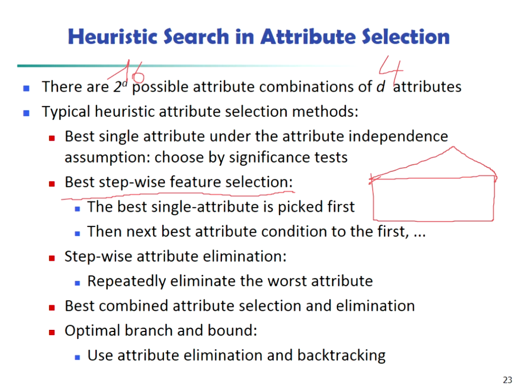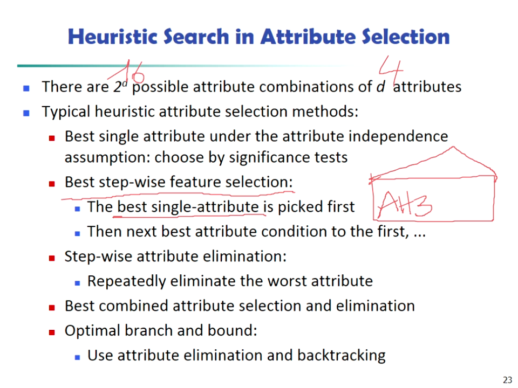We will search for the best single attribute. In other words, if we want to make a classification using only attribute 1, or only attribute 2, or only attribute 3, what is the best single attribute? Let's suppose that attribute 3 is the best single one. So we will keep attribute 3, and after that we will search for the next best attribute conditioned on the first.